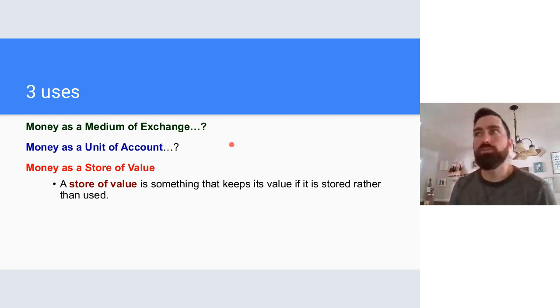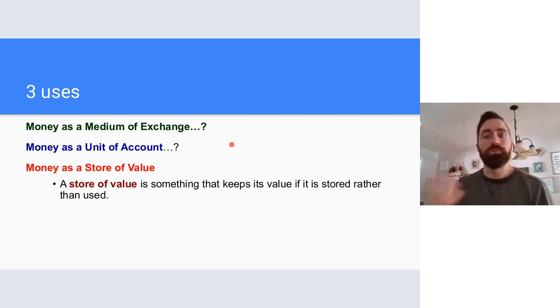Technically true, but $5 is still worth $5 and will buy you whatever it is at the time. So money holds its value, okay? Regardless of whether you keep that $5 bill in your drawer for a day or 2 years, it's still going to be worth the same amount, all right?